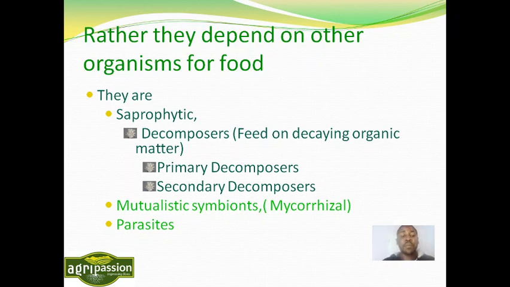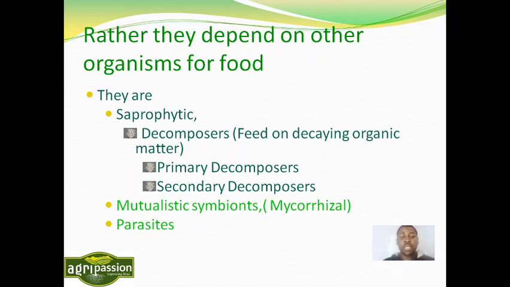Now, there are primary and secondary decomposers. Primary decomposers are the first onto the site of decomposition. They are the first on site of organic matter. They are the first to attack the blade of grass.